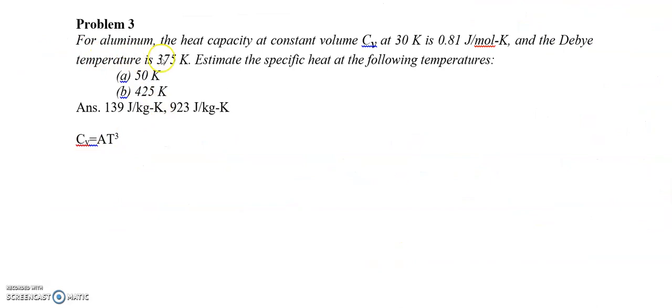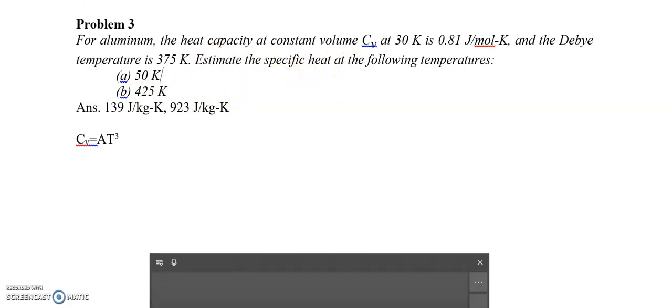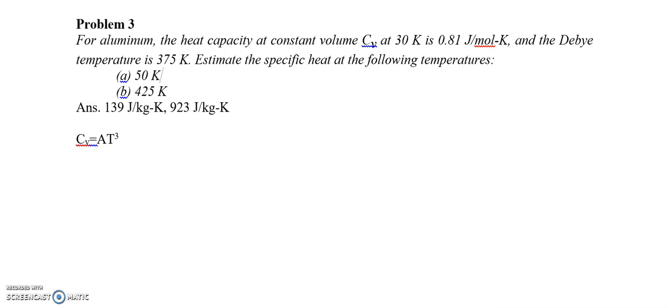Problem 3. For aluminium, the heat capacity at constant volume Cv at 30 Kelvin is 0.81 joule per mole Kelvin, and the Debye temperature is 375 Kelvin. Estimate the specific heat at the following temperatures. Remember that for the specific heat we normally use the units joule per kilogram Kelvin.